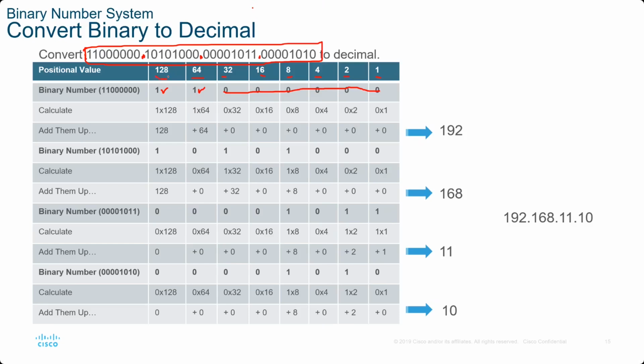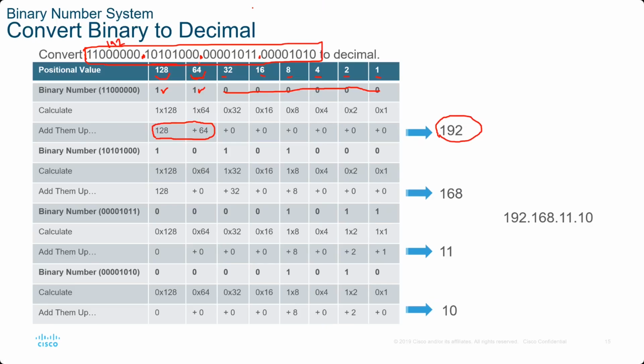You only have 1 for 128 and 64. So just add 128 and 64 together in your head, and you quickly convert it into decimal, and that's it. So eventually, it comes down to 128 plus 64, and that is your decimal equivalent of the first octet here. So this is 192.